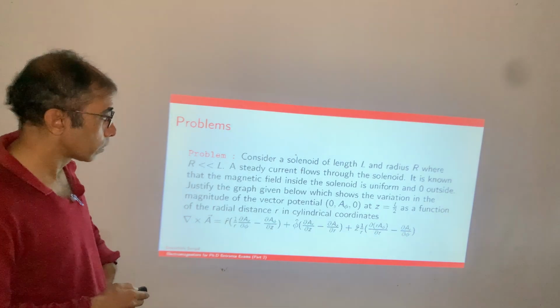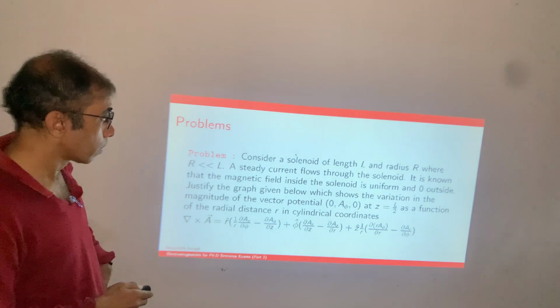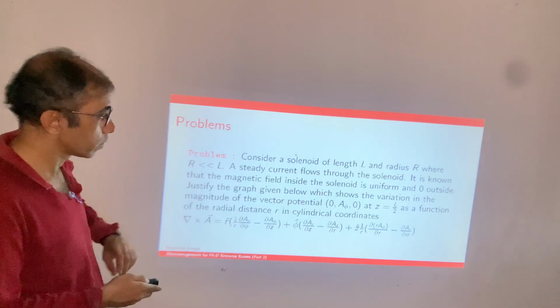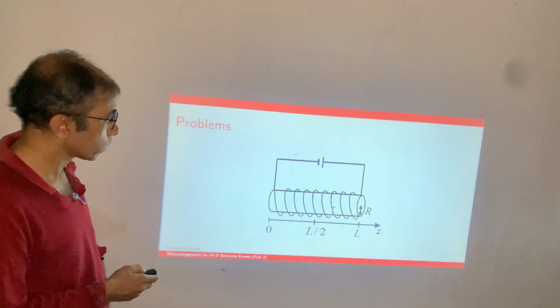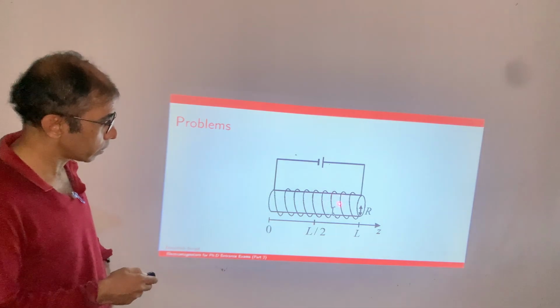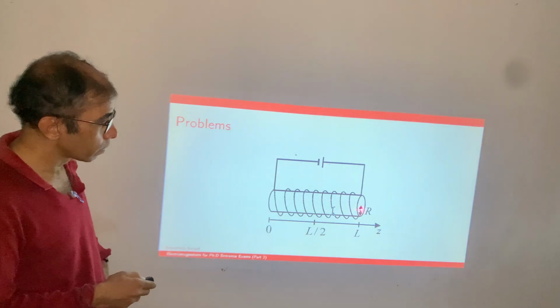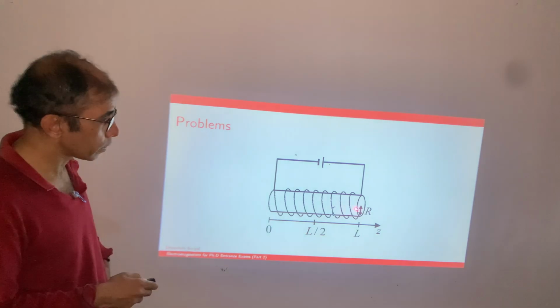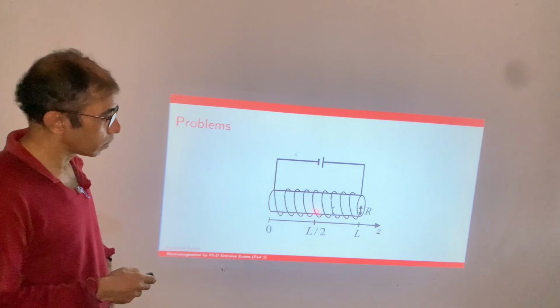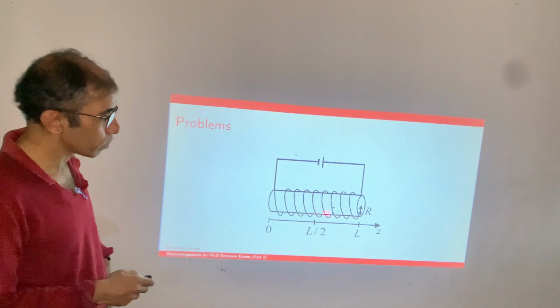Okay. So we have to find out how A phi behaves. So this is the solenoid. This is a long solenoid. L is much greater than R. And L by 2 is not important here.